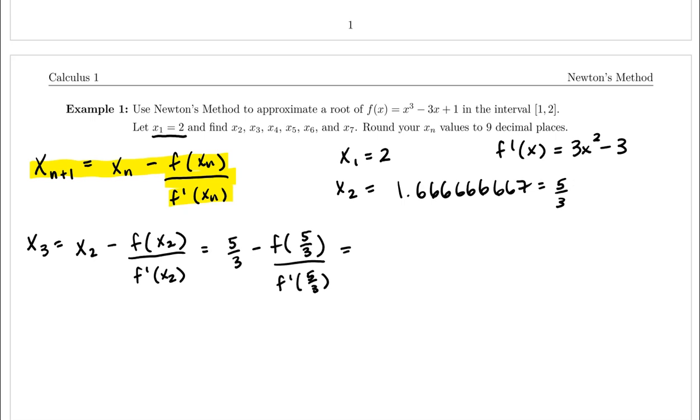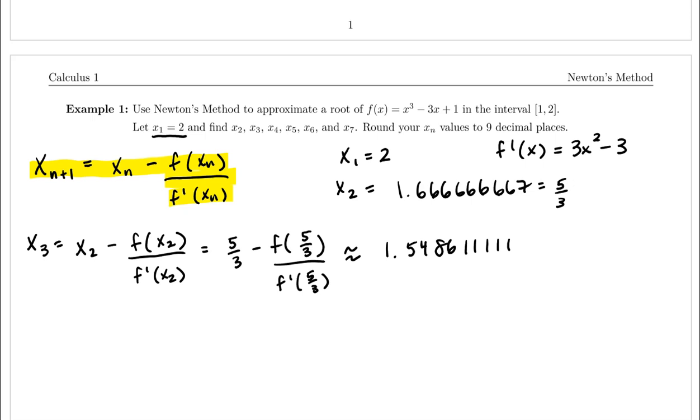And as you can see, this is kind of a painful process. So I went ahead and I just threw this into my calculator, and assuming that you did this correctly, if I round this to 9 decimal places, this should come out to 1.5486111111. So there's my x3 value, and it continues on.